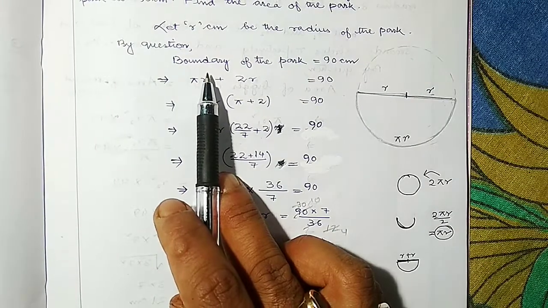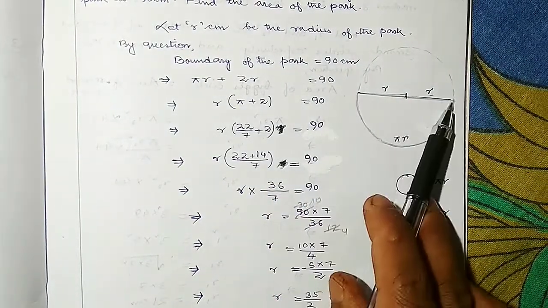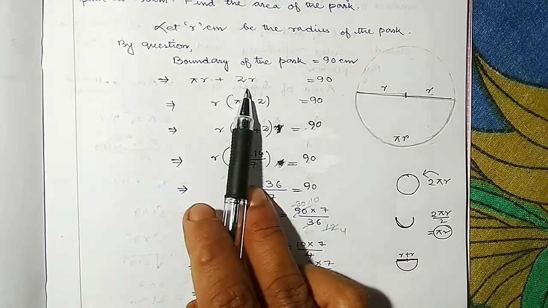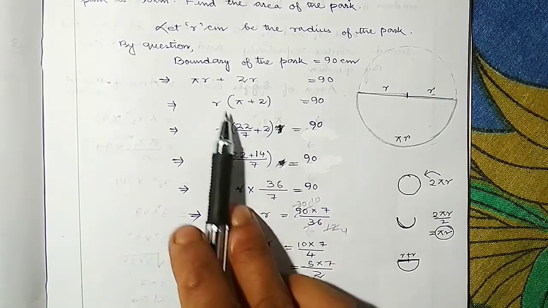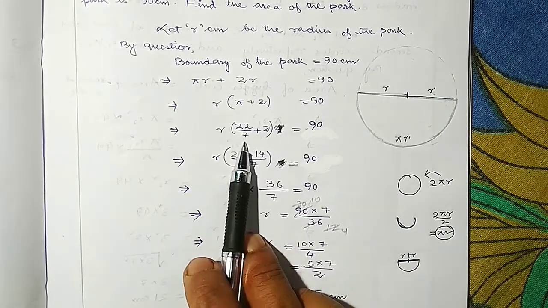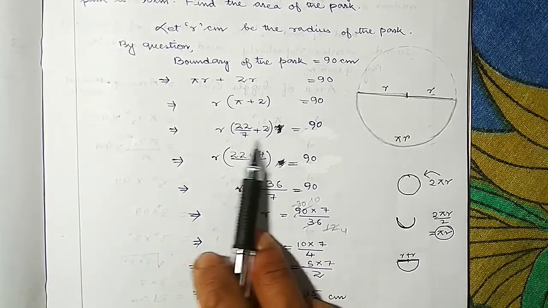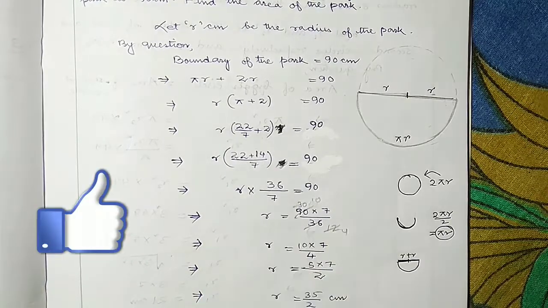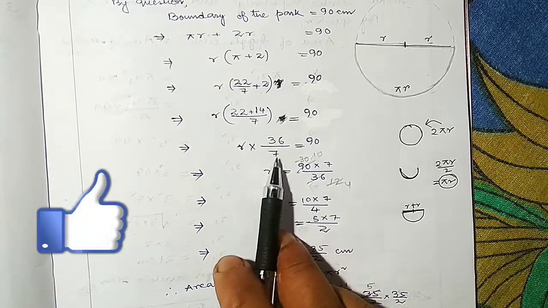As per the question, boundary of the park is 90, so pi r plus twice r is 90. From here if I take r common, (pi plus 2) r equals 90. Pi is 22 by 7 plus 2 equals 90. If I take 7 as LCM, it will be (22 plus 14) by 7. So r times 36 by 7 equals 90.